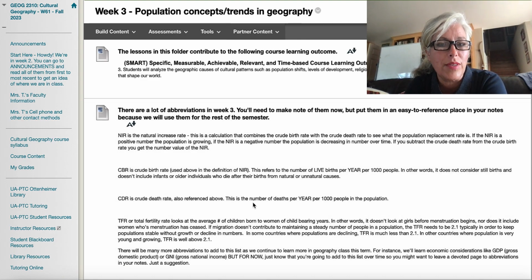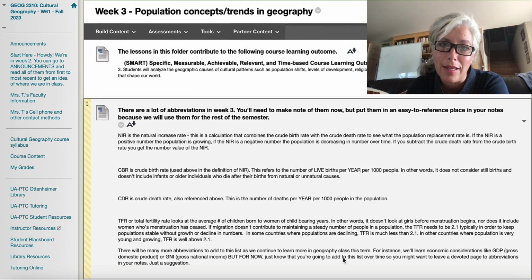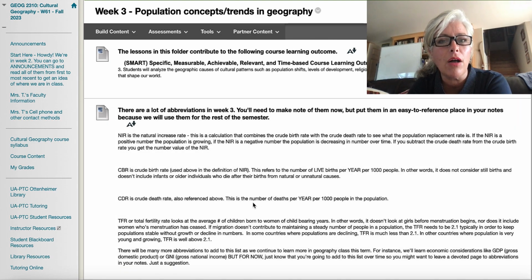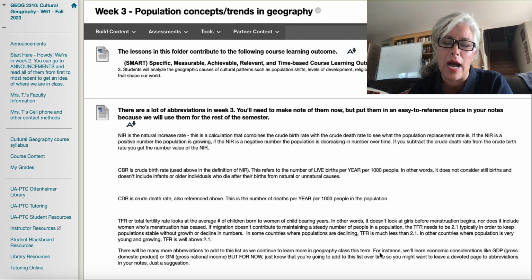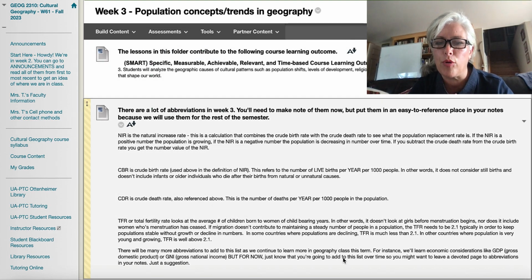But please note that it talks about birth rates, death rates, fertility rates for women who are of childbearing age. But it also talks about not just these birth and death statistics and abbreviations for those kinds of things, increase rates for a population over time, but it also talks about something called gross national income and gross domestic product.